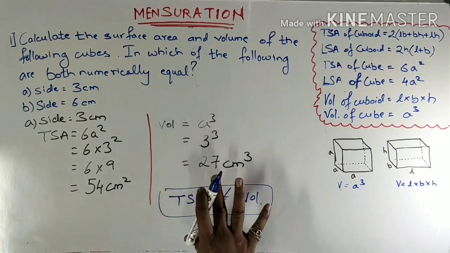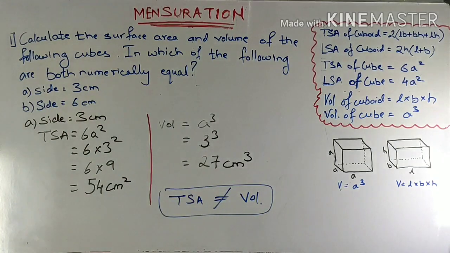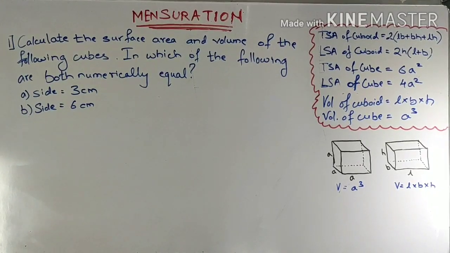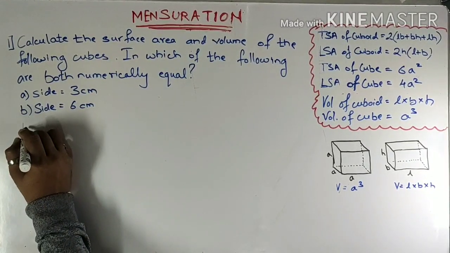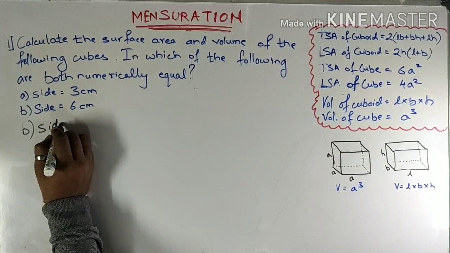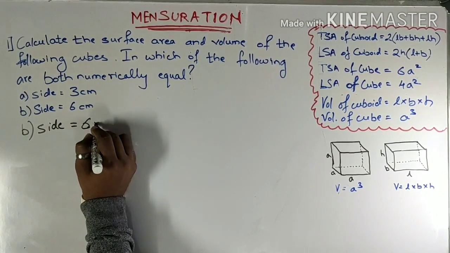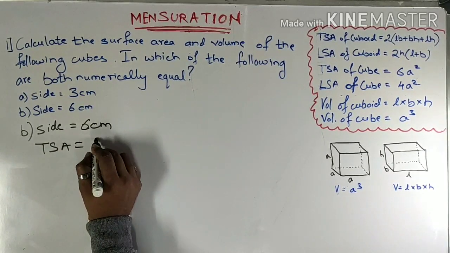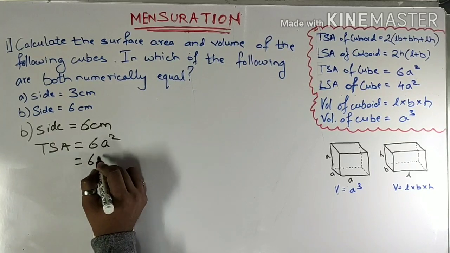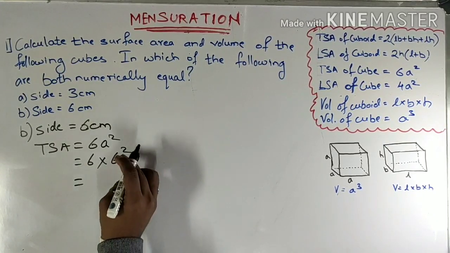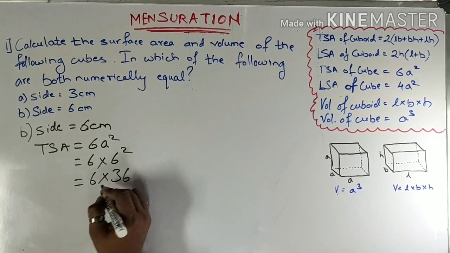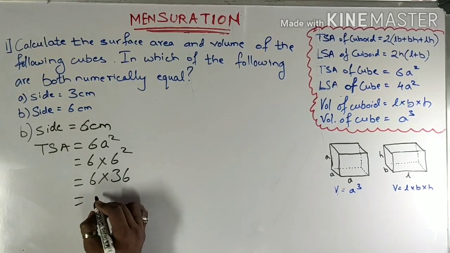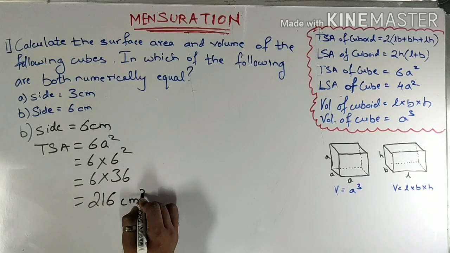So in this first, the A part question, the total surface area and the volume are not equal. Now let's check the B part, in which the side is 6 centimeters. The total surface area formula of a cube is again 6a square, which is nothing but 6 into 6 square. 6 square is 36 and 6 into 36 is 216 centimeter square.